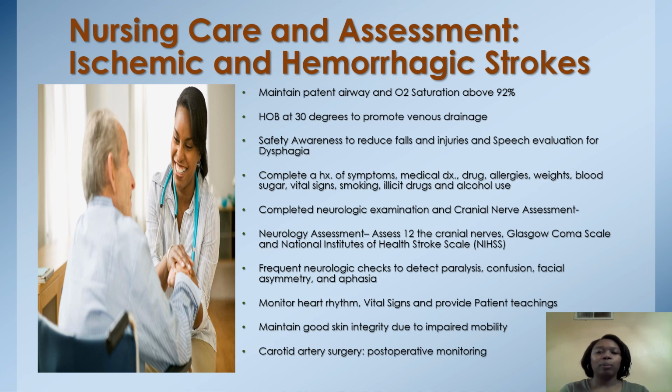We will check their blood sugar just to rule out hypoglycemia, as well as a full set of vital signs, and they will be monitored frequently, as well as we will interview them asking about their history for smoking, illicit drug use, and alcohol use. This history will give us an idea of whether some modifiable risk factors have contributed to their current condition.